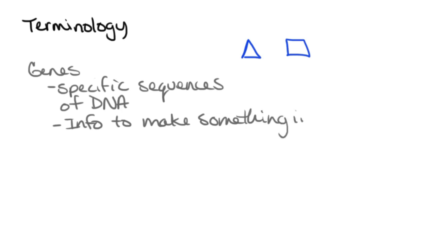And typically, we're talking about a protein, although we might be making something else like an RNA molecule. But this gene is going to be information that the cell is going to look at, and it is going to tell it how to make something. And then based on that substance that we make, we're going to a lot of times have a specific look or unique look to us.